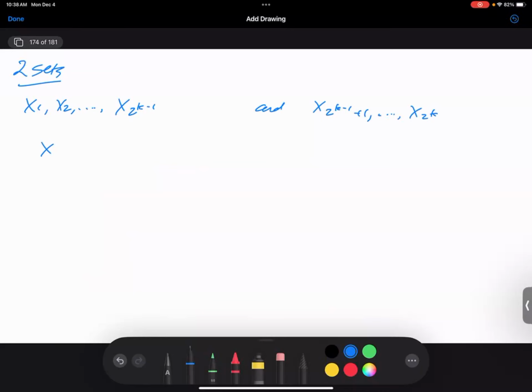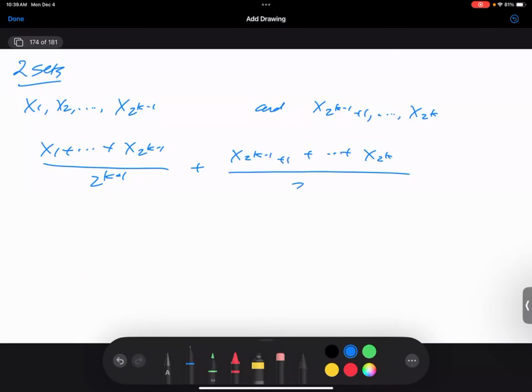So what we could do is we could look at the sum of these over 2 to the k minus 1, plus x2 to the k minus 1 plus 1 plus ... plus x2 to the k over 2 to the k minus 1. So now I have 2 numbers, right? And what would I want to multiply this by?